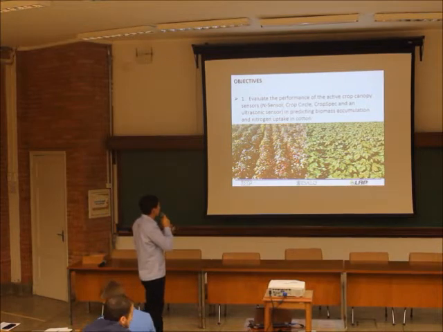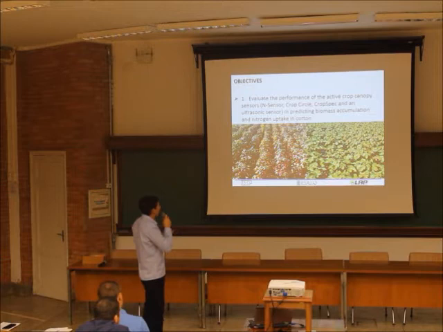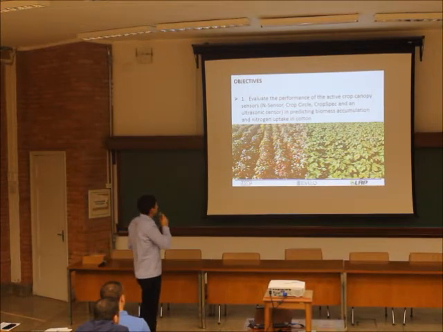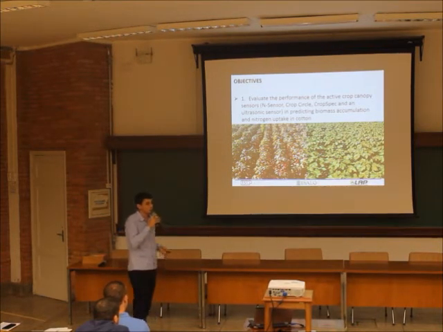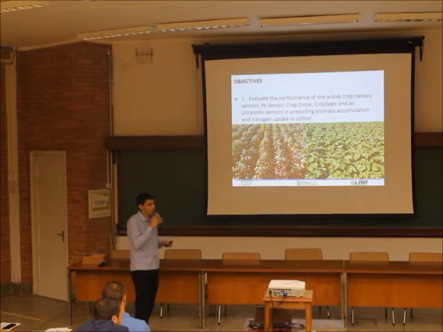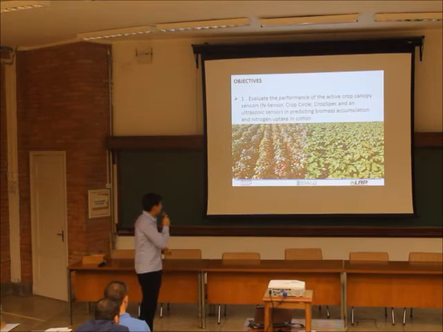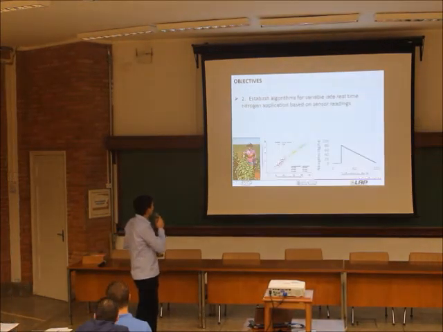We are using the ESALQ sensor, Crop Circle, CropSpec, and also an ultrasonic sensor to measure crop height, and to evaluate their performance in predicting biomass accumulation and nitrogen uptake in cotton. This is the first step, the calibration, to understand how to relate the sensor readings to the amount of nitrogen and biomass the crop has already taken up.